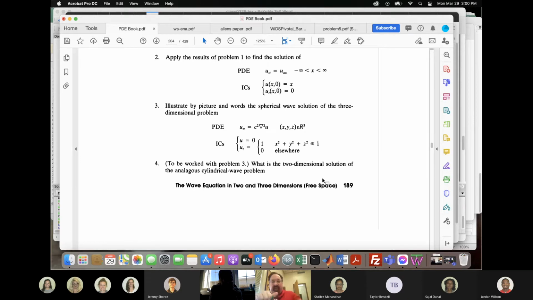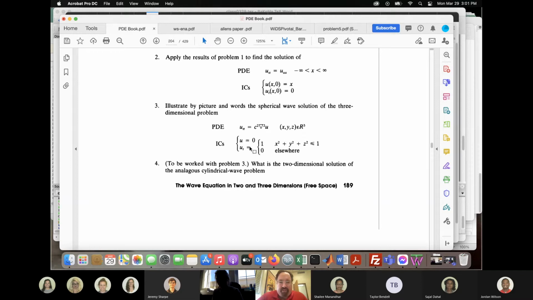So the key thing here that when I talked about this in class was for the 3D case, how it's to be interpreted, in terms of does a solution have a sharp leading edge or trailing edge?